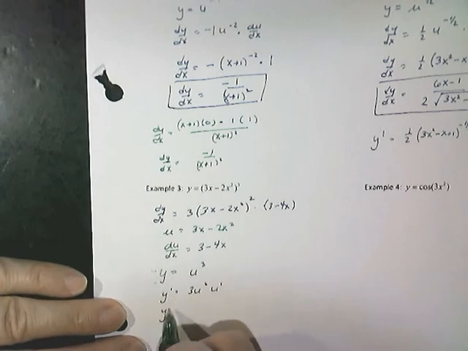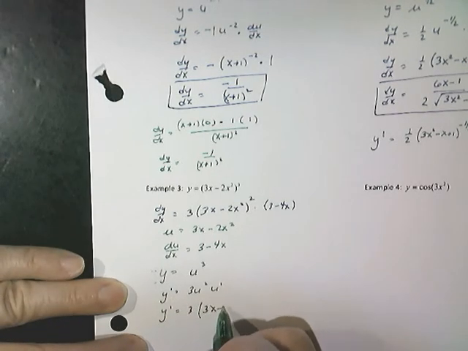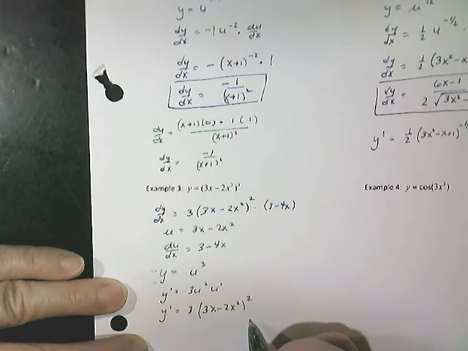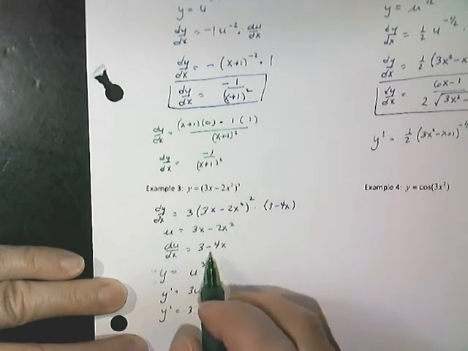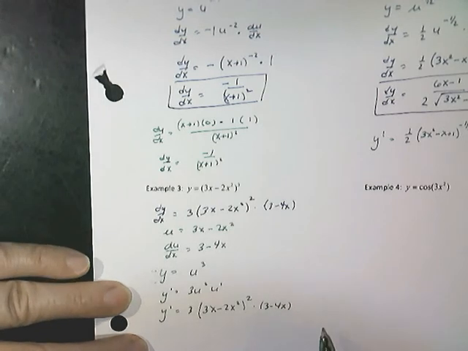So then I could substitute back in. y prime is equal to 3u squared, which is 3 times (3x minus 2x squared) squared, times u prime, which was up here, 3 minus 4x. So you see you get the same answer.